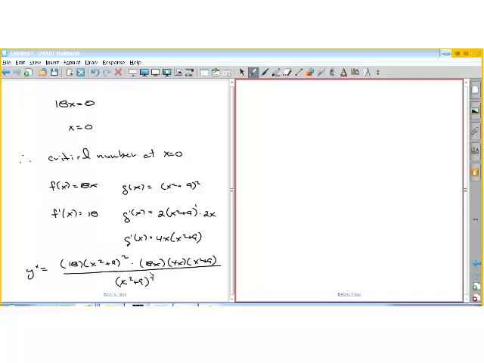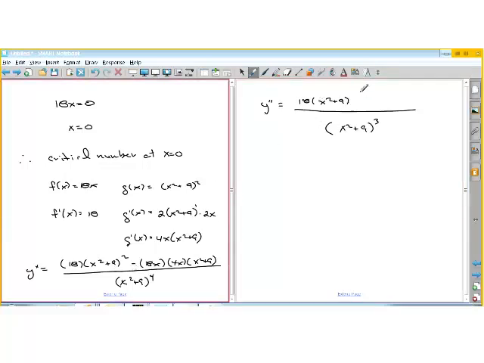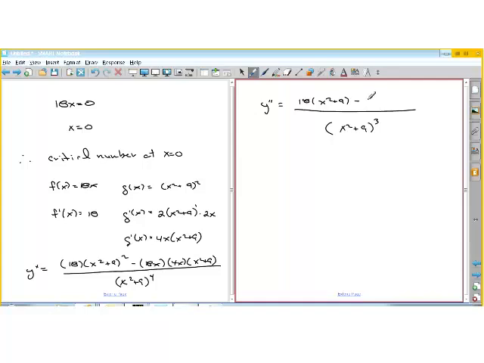Now it turns out that we can cancel out one of these x squared plus 9s because we have one here and one there. So the denominator becomes x squared plus 9 cubed. And this term becomes 18 times x squared plus 9. And this is minus 18x times 4x, because this one cancels out, and one of those cancels out.